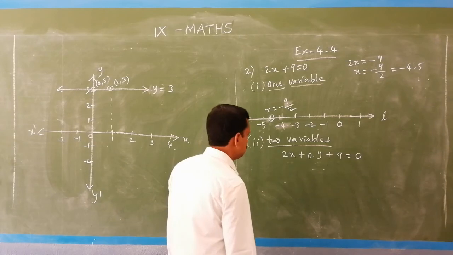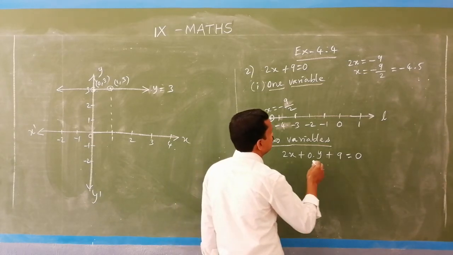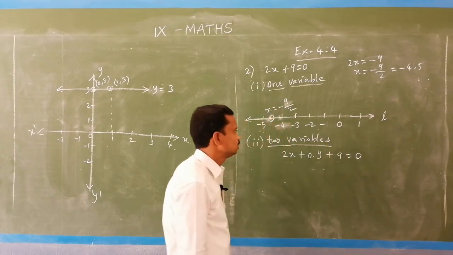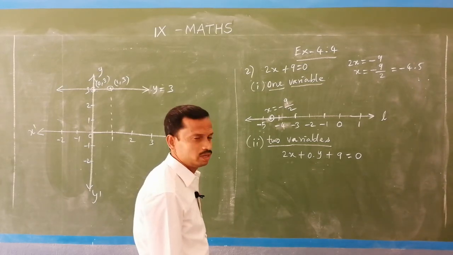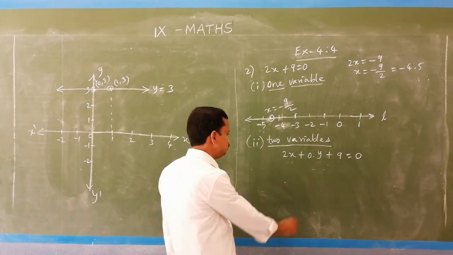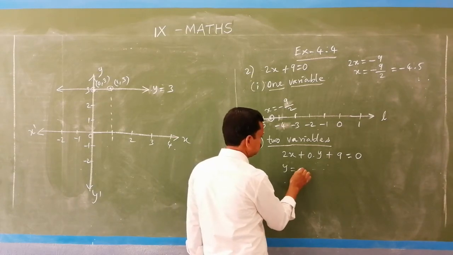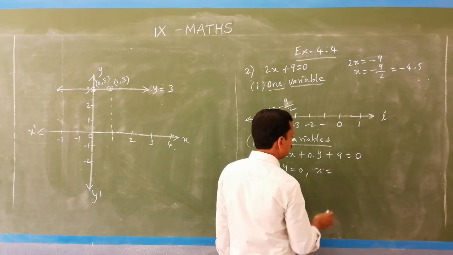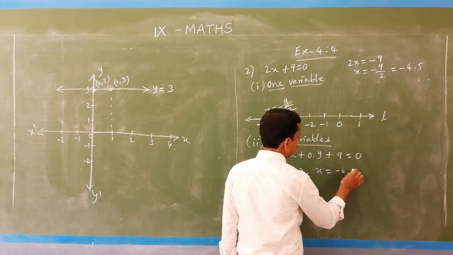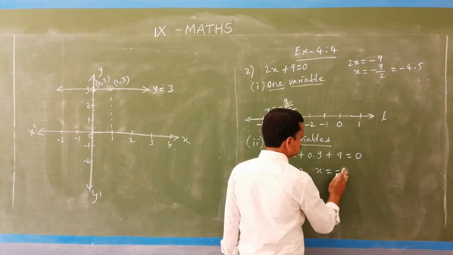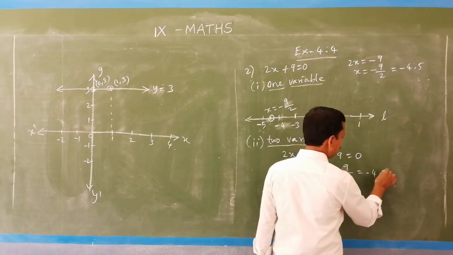Now you can find the value. Here x is minus 9 by 2. If you put y as 0, then x is the same minus 9 by 2, which is nothing but minus 4.5.